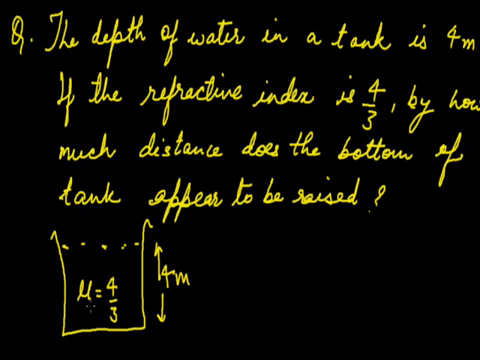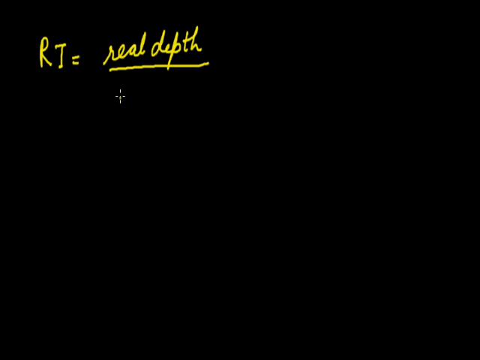So to get the solution, we can just apply the formula which we have studied in the last term. Refractive index is equivalent to the real depth upon the apparent depth. Here the refractive index is of water with respect to air.